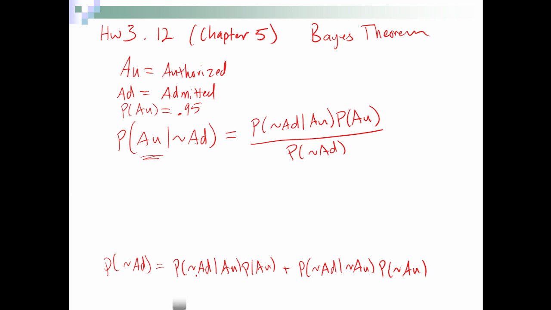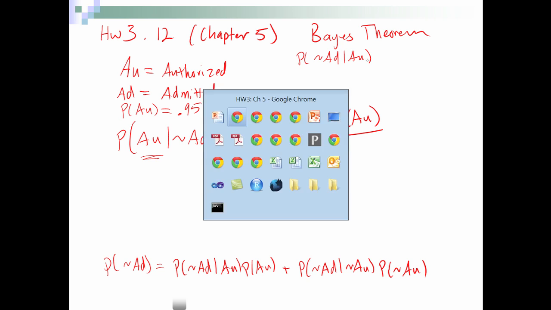Okay, so what of these do we know? Probability of no admission given that you're authorized. Is that something that we know?